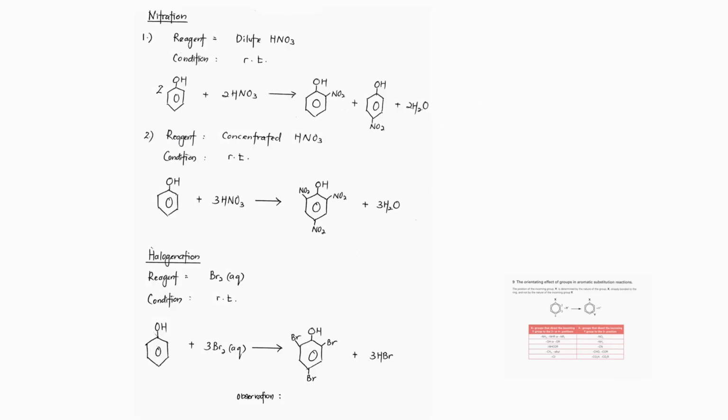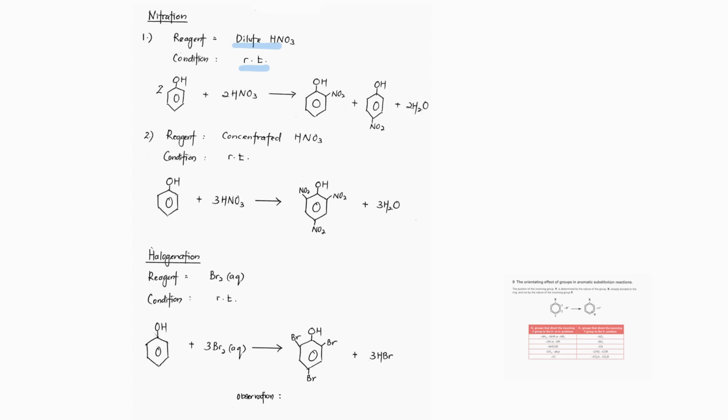Next will be the reactions of phenol. Phenol has a benzene ring in it, and the benzene ring in phenol will undergo electrophilic substitution. We will go for the very first reaction, which is nitration. For nitration, we need dilute nitric acid, and the condition will be room temperature. There will be no concentrated sulfuric acid needed, and no heating as well.